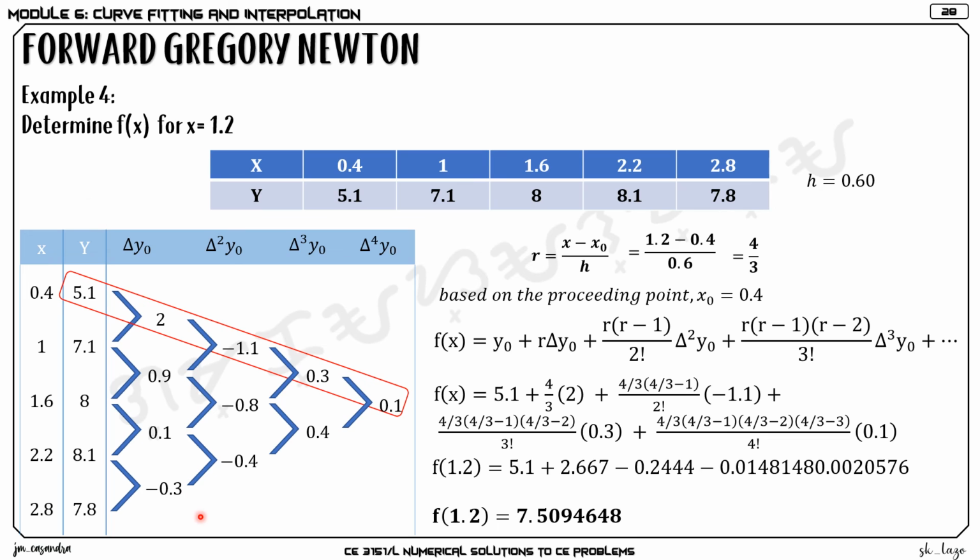So if you're going to notice, the value of the function of x or of y when x is equal to 1.2 is 7.5, and it is in between 7.1 and 8, as 1.2 is between 1 and 1.6.